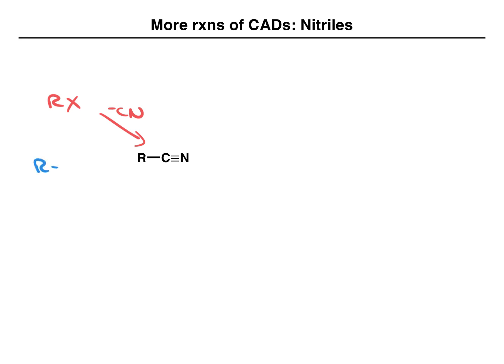Another approach would be dehydration of a primary amide, where this can be treated with phosphorus pentoxide or phosphorus oxychloride to give a nitrile with the loss of water.